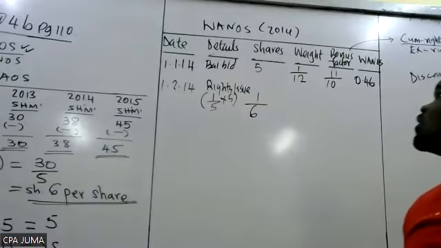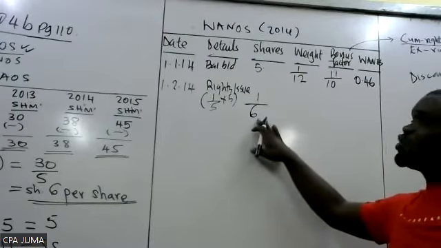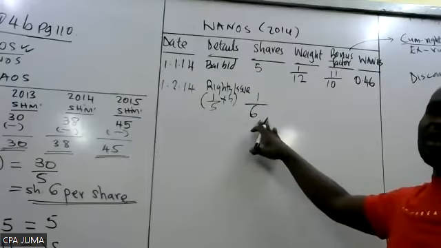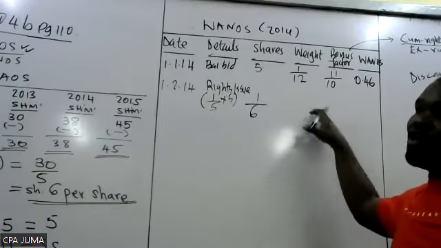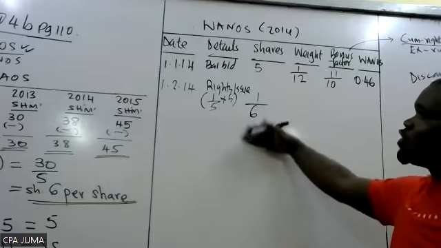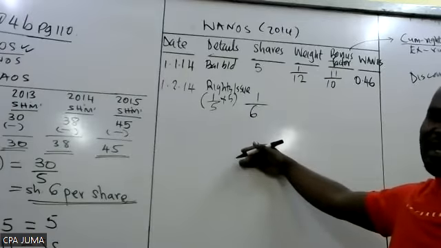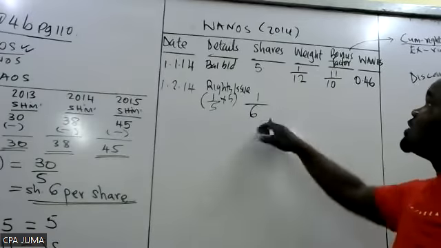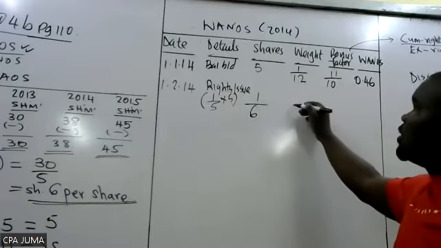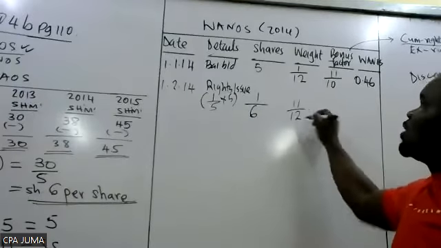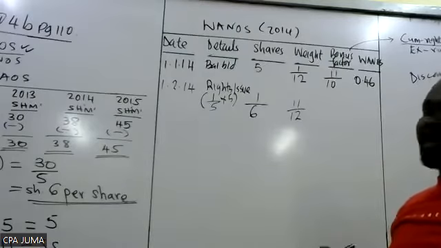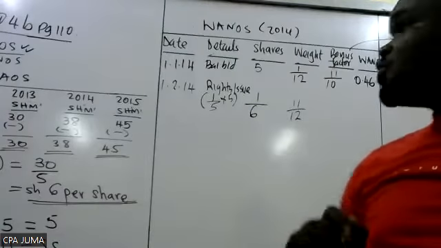And for the 6, you check the period remaining to the end of the year, or the period remaining to the top up, if they are topping up other shares. There was no top up of shares in 2014. So it means you capture the remaining period, which is 11/12. Very good, Susan.